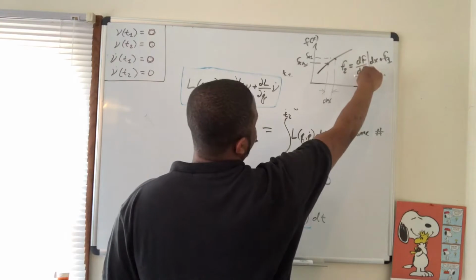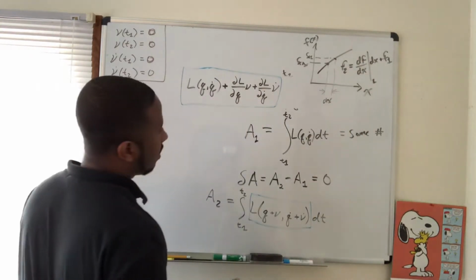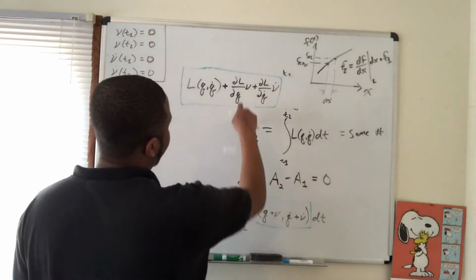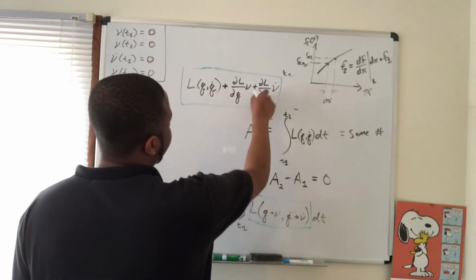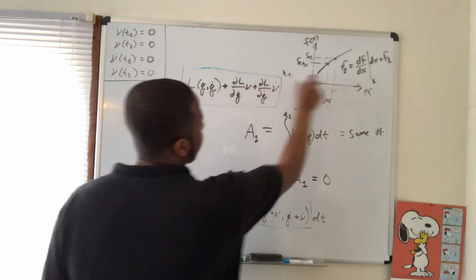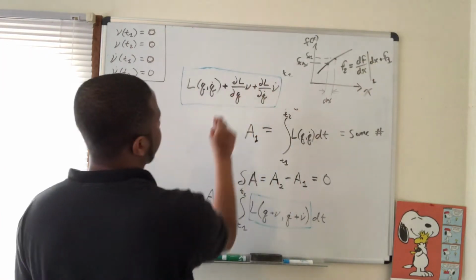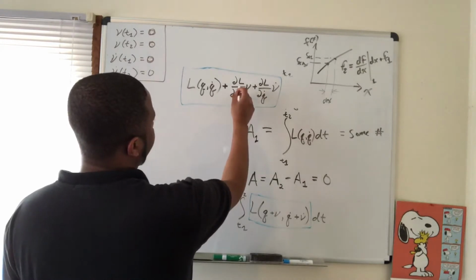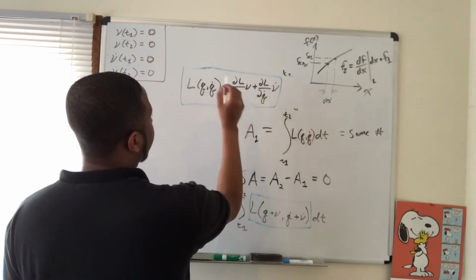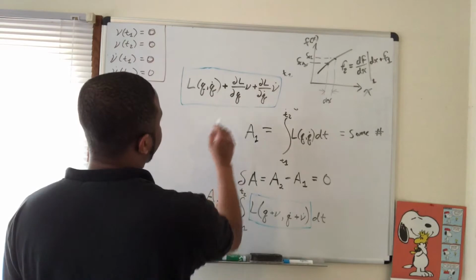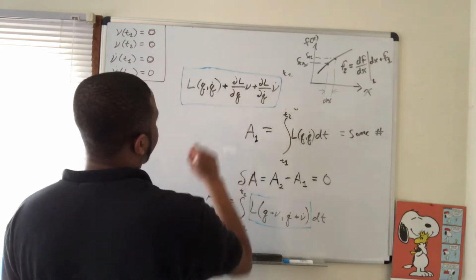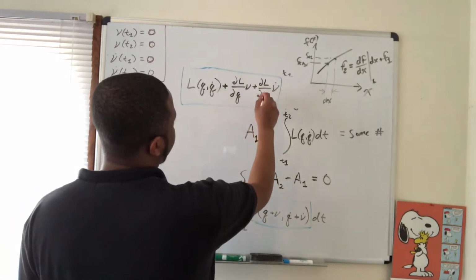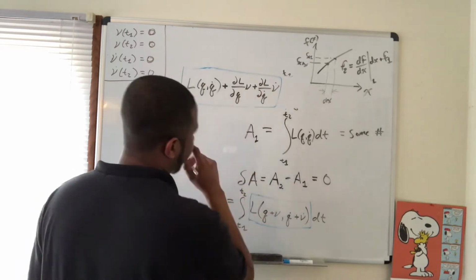Again, for partial derivatives it's a bit different, but here's where this comes into play. So the slope, the partial of L with respect to Q times that very small change, plus the partial of L with respect to Q dot times that very small change.